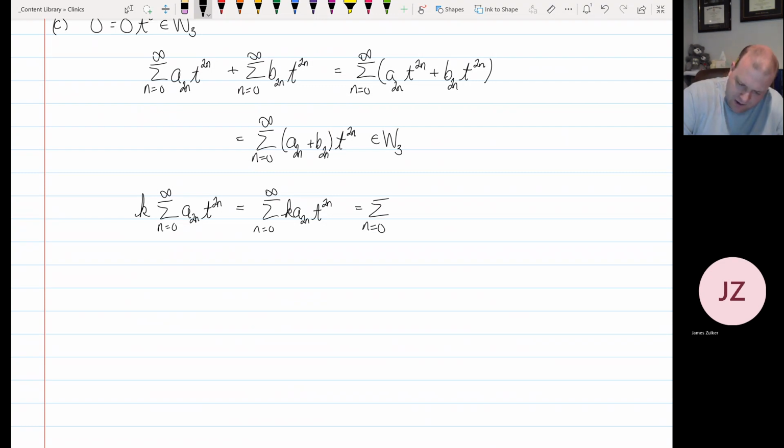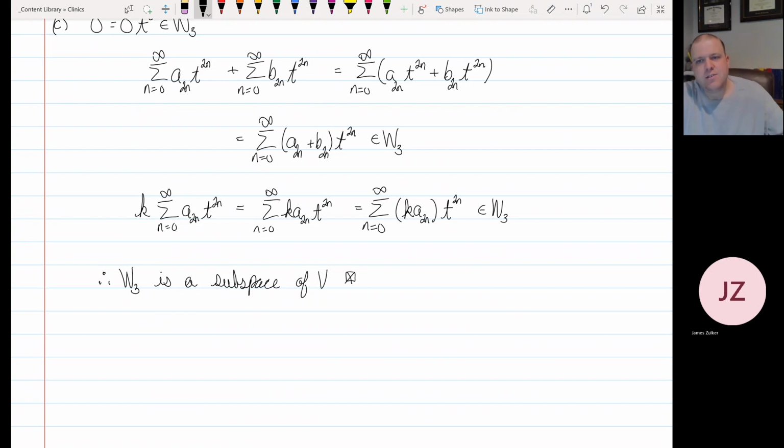Right, we can again use a very similar argument as before to see that it is also closed under multiplication. So we have W3 is also a subspace.